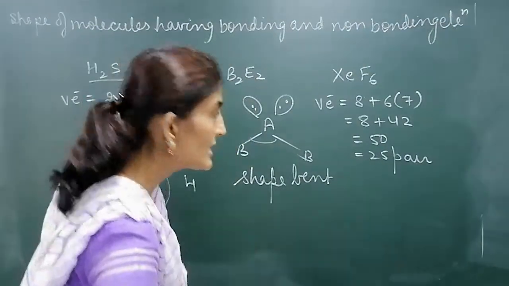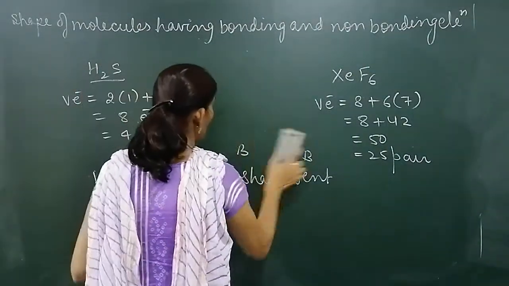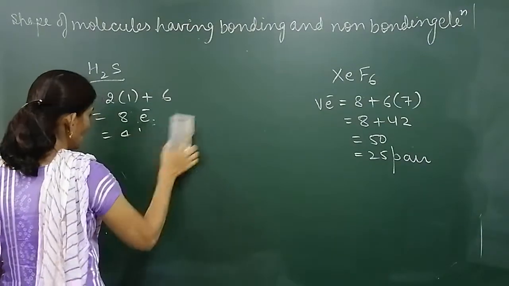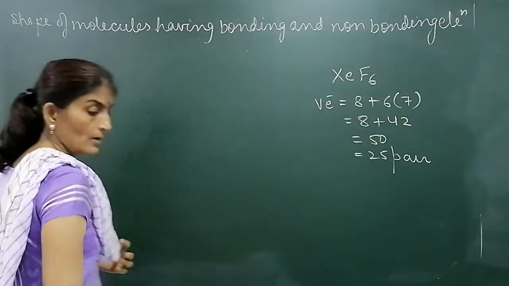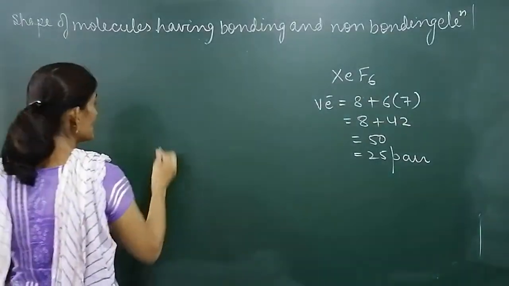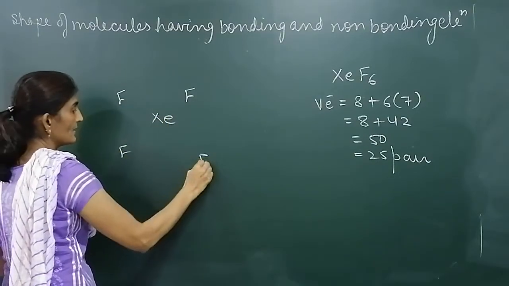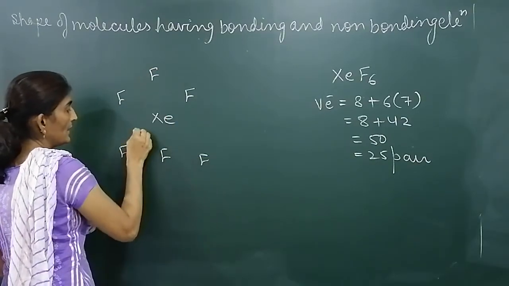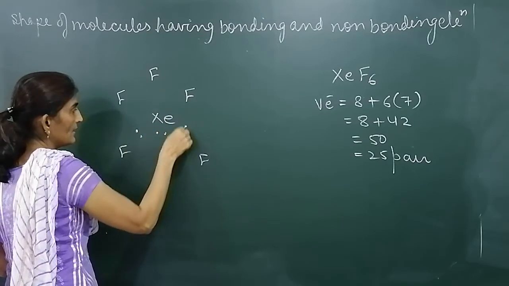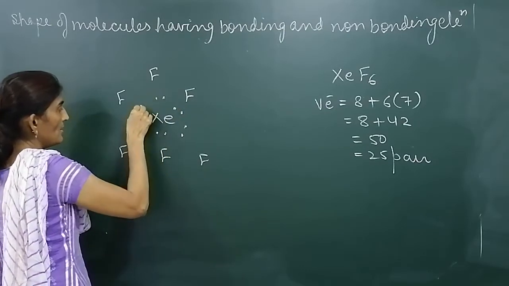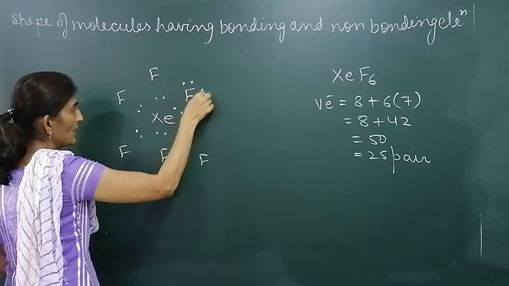How to draw its Lewis structure? Xenon at the center, 6 fluorine like this. Put 1 electron pair between them so that they form at least a single bond. Complete the octet of each fluorine atom.